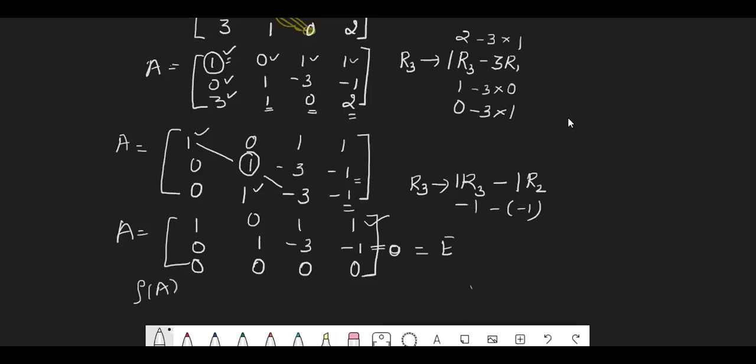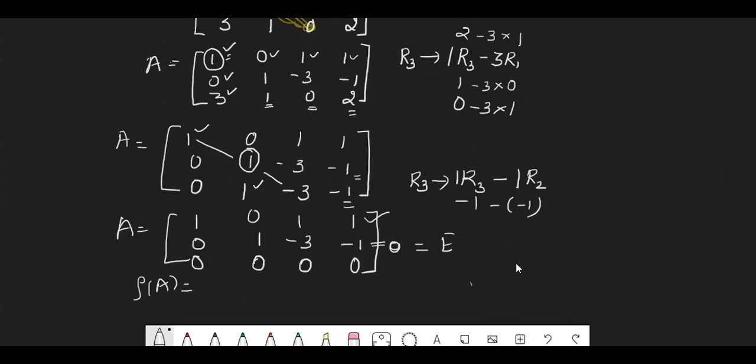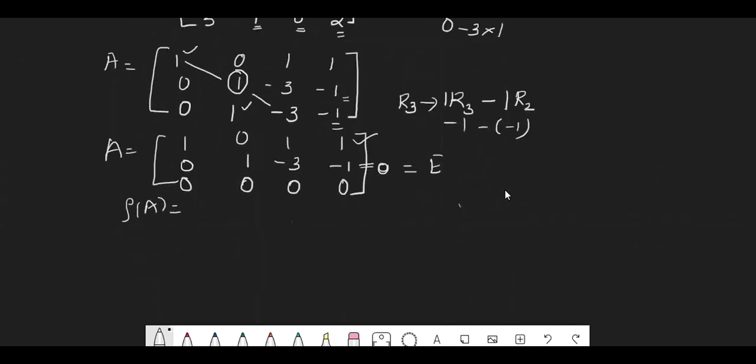What is rank of A? It is 2. How to count?